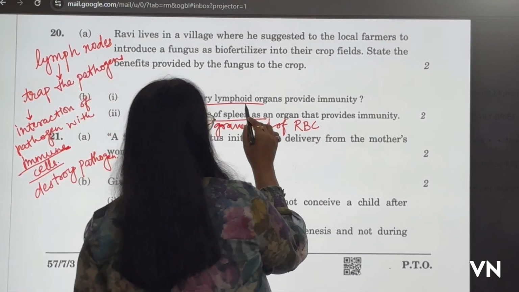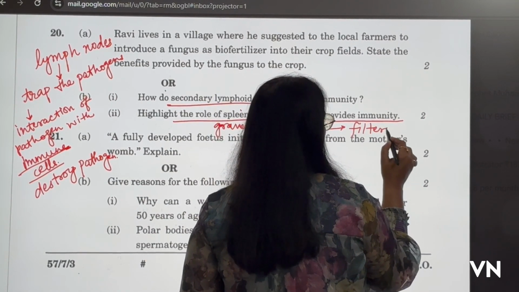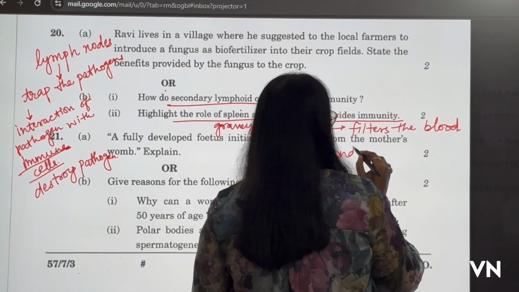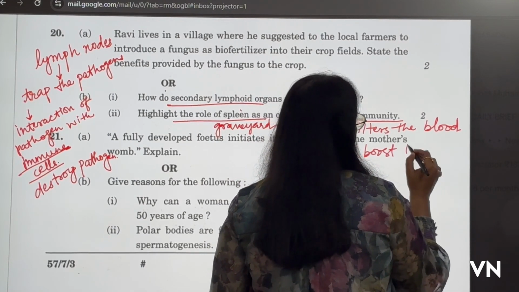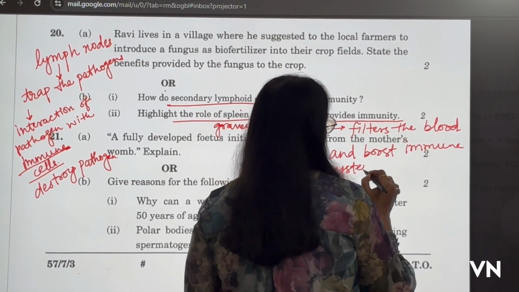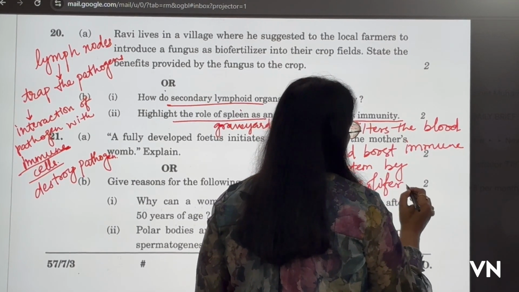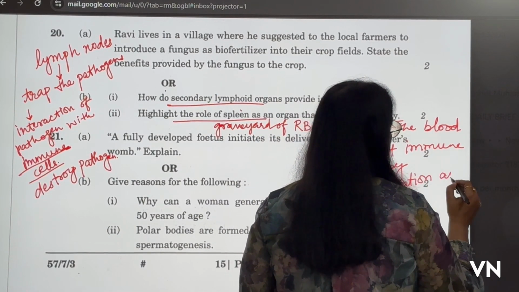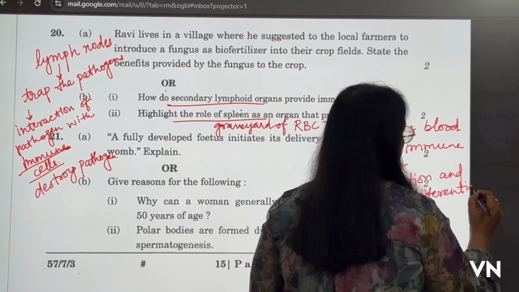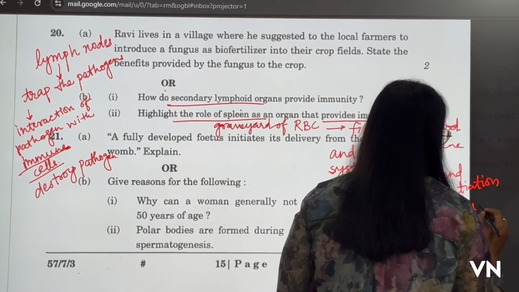In the answer, you will write that it filters the blood and boosts the immune system by proliferation and differentiation of immune cells.